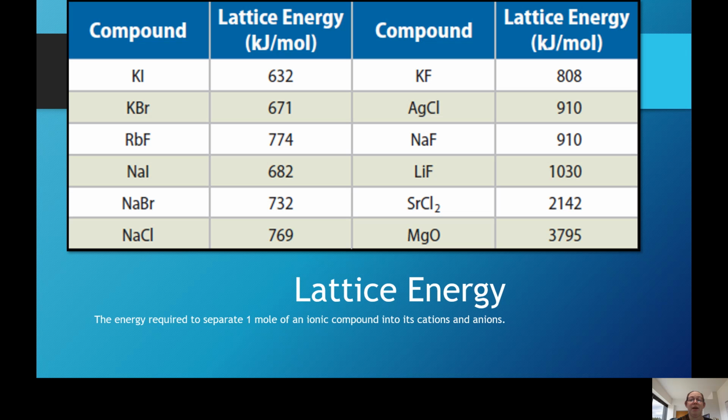You can see this effect if you compare SrCl2 and MgO in the chart. So SrCl2 is strontium chloride. And MgO is, of course, magnesium oxide. Okay. Sr is much larger than Mg. So strontium is much larger than magnesium. And so MgO has over 1,000 kilojoules stronger of a lattice energy, even though both magnesium and strontium have that positive 2 charge.